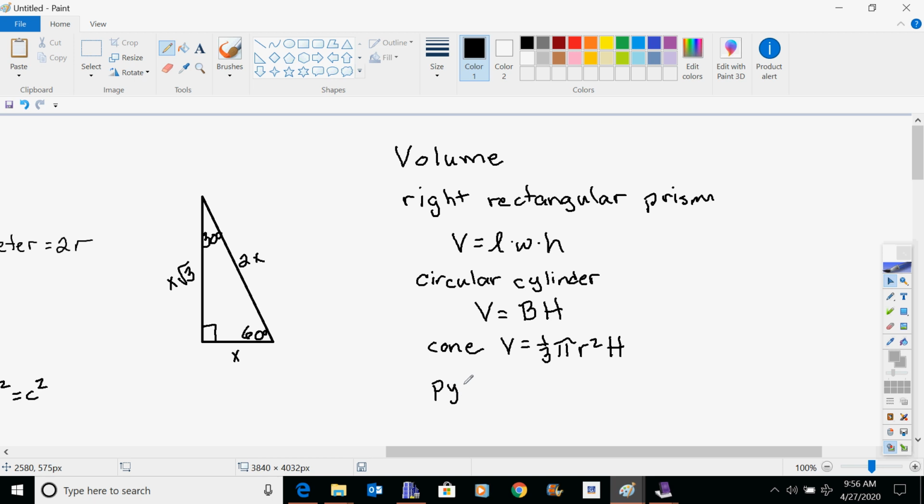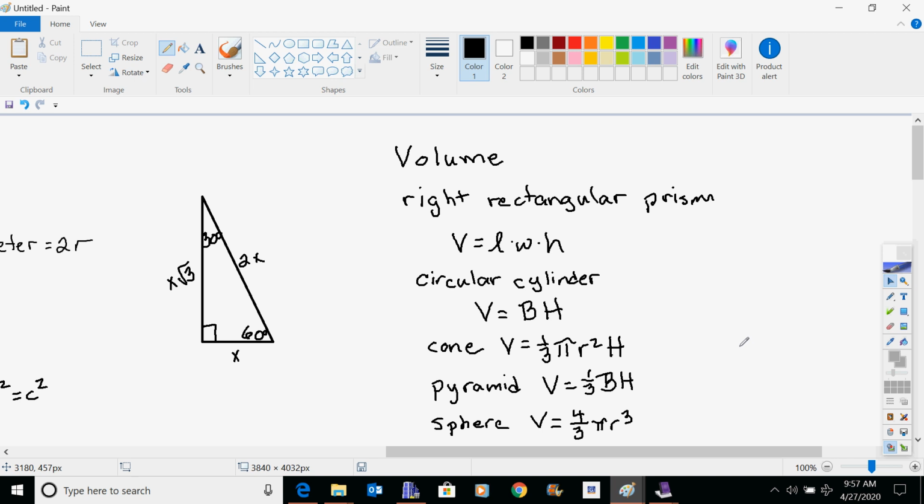You had a pyramid one where the volume again started with a 1/3: 1/3 area of the base times the height. And then finally a sphere. We did a little bit of spheres. So your volume for a sphere would be 4/3 pi r cubed. So keep that in mind.